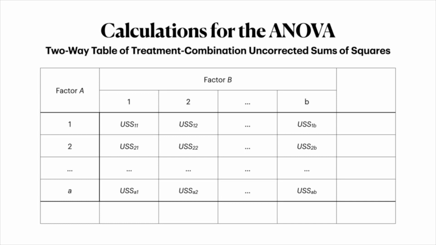And again, the rows correspond to the levels of factor A. The columns correspond to the levels of factor B. In the ijth cell, I have the uncorrected sum of squares for the observations that have received treatment combination ij. And as in the previous table, I have a row at the bottom for calculating column totals and a column on the right-hand side for calculating row totals.